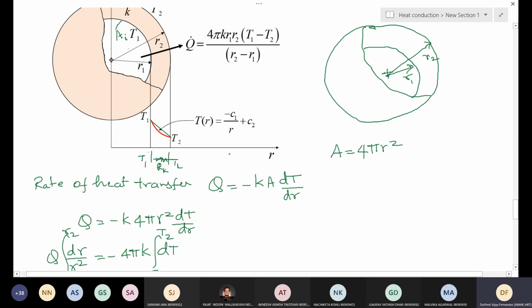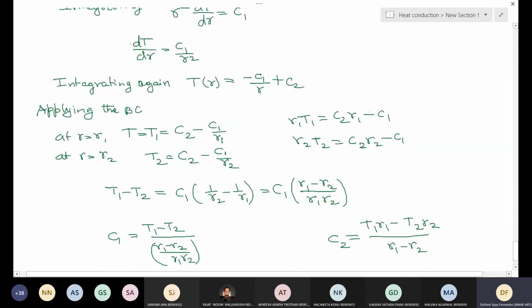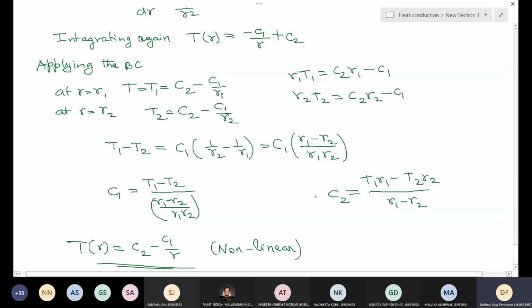So I think now you should not have any doubts in this case, right? Already we have obtained these temperature profiles. I have given the expression for C1 and C2 for all the three cases. So you can do this exercise. You take a radius R1, R2, and apply the temperature, your choice.